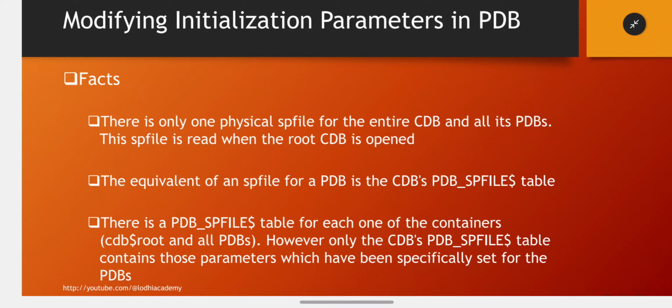There is a PDB_SPFILE$ table for each one of the containers, which is CDB$ROOT and all PDBs. However, only the CDB's PDB_SPFILE$ table contains those parameters which have been specifically set for the PDBs.